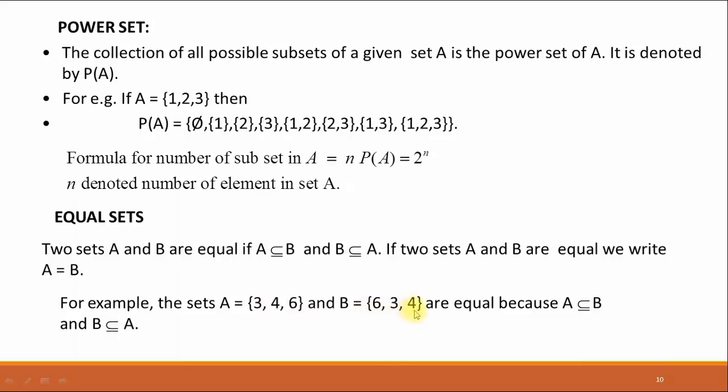They are equal since there are 3 elements in each set and the elements are the same, 3, 4, 6. Each element of A belongs to B and each element of B belongs to A, meaning A is a subset of B and B is a subset of A, so these two sets are called equal sets.